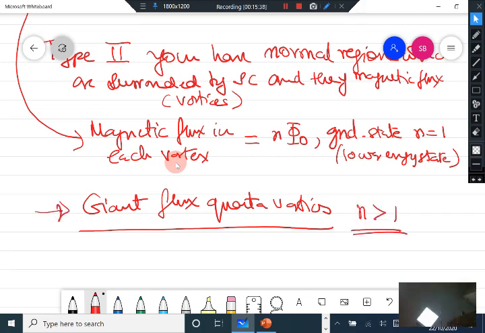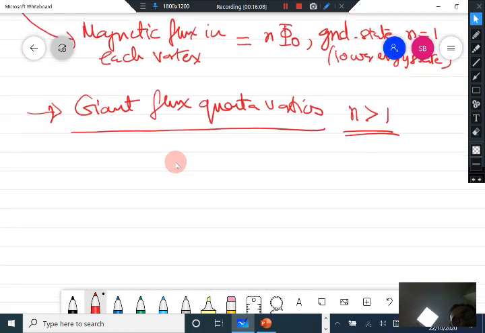You can have 2 or 3 flux quanta sized vortices inside these nanostructured superconductors, because the size is too small to accommodate individual flux quanta, so they merge and become a multiple flux quanta vortex. So such situations are also possible, and just from the GL theory we come out with a very interesting and very important result which relates the current and magnetic fluxes.